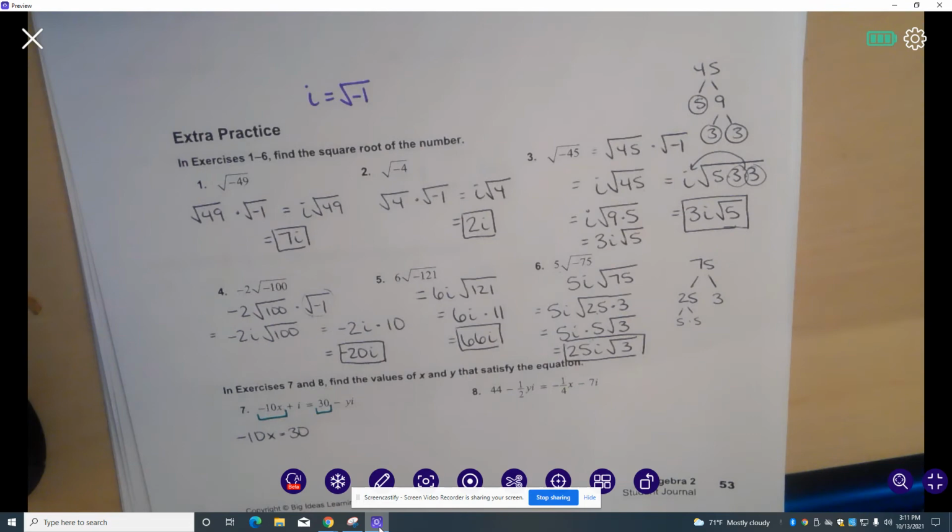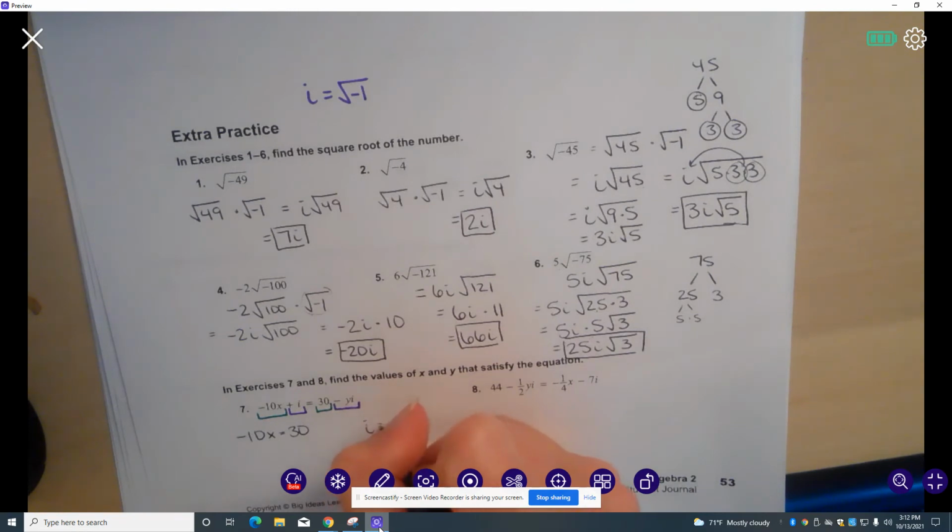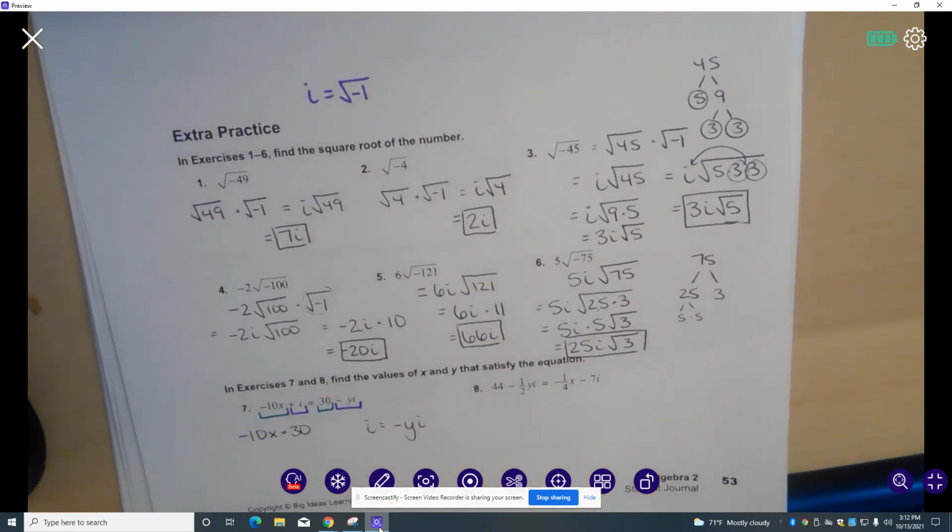Now my y is in the imaginary part of this expression. And so I'm going to set that equal to the imaginary part over here. So i is equal to negative yi. And I really don't need to write my i's.